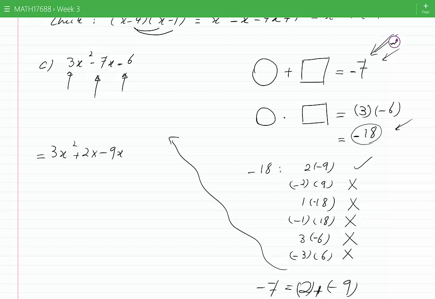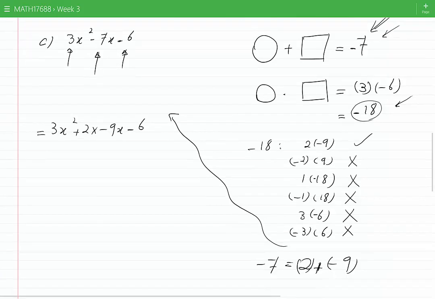Again, it really doesn't matter if you write minus 9x first or you write 2x first. It could somehow simplify or complicate the solution, but the final answer would be the same in either case. Now we have four terms: 3x squared, plus 2x, minus 9x, and minus 6.